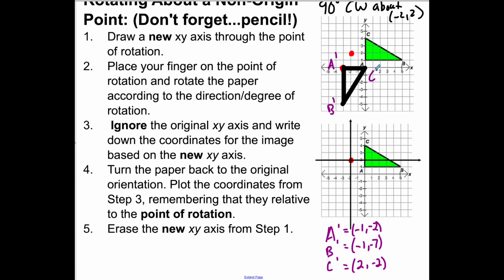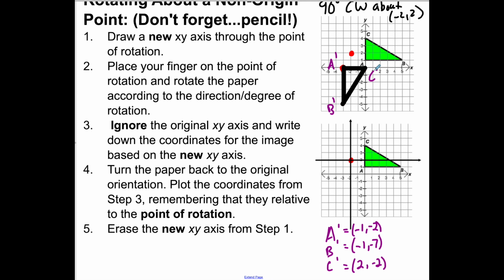And what this upper shape indicates is, remember step 4, step 5, you're going to erase the original X and Y. So you really do want to do this in pencil, because you're going to erase the X and the Y that you drew in to assist you with the transformation. Because this was not the actual X and Y axis, right? But it helped you for doing the rotation.